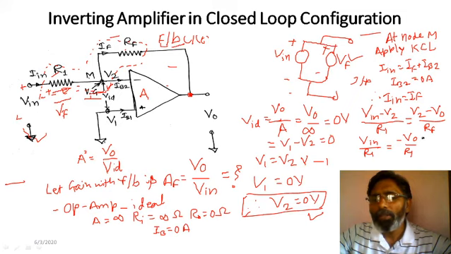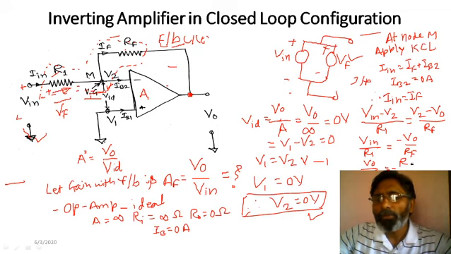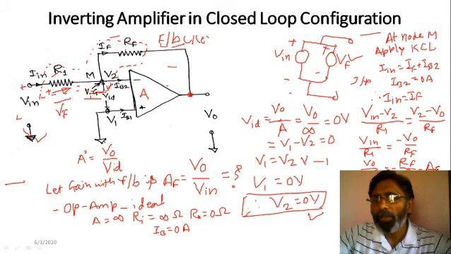So this I can write as VO upon V in is equal to minus RF upon R1, and this is equal to AF.